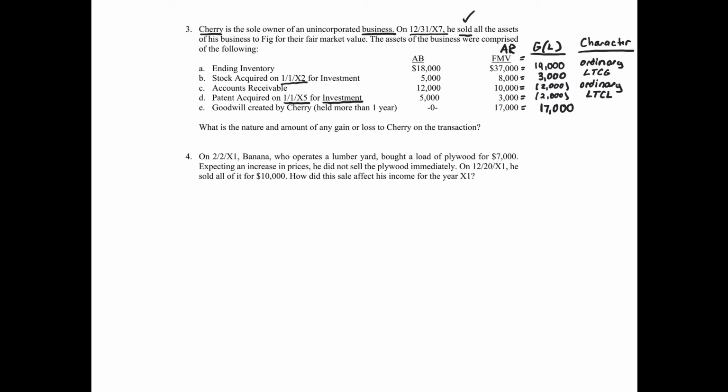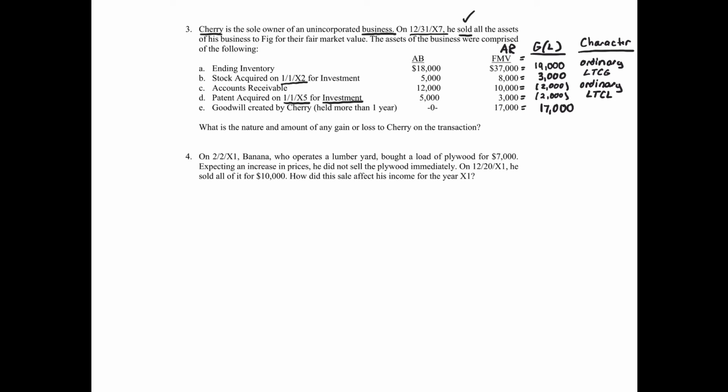Finally, E, goodwill created by Cherry, held for more than a year. So, self-created goodwill. Goodwill is very difficult. There's been some case law dealing with self-created goodwill. It has been determined by the courts to be sometimes capital, sometimes Section 1231, and sometimes ordinary. But usually they rule it's considered capital. Long-term capital gain if held for more than a year.